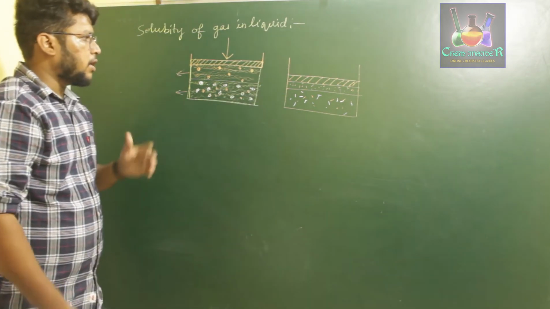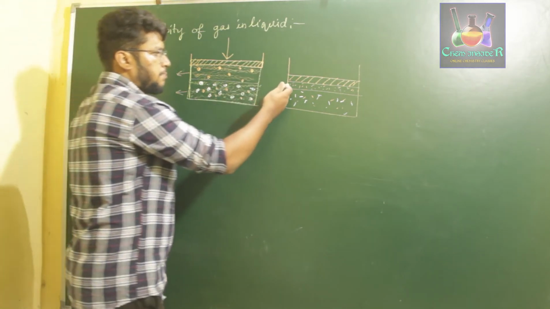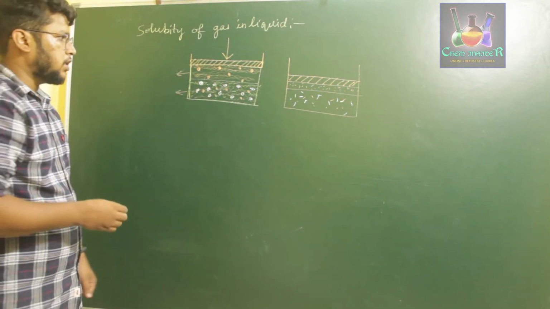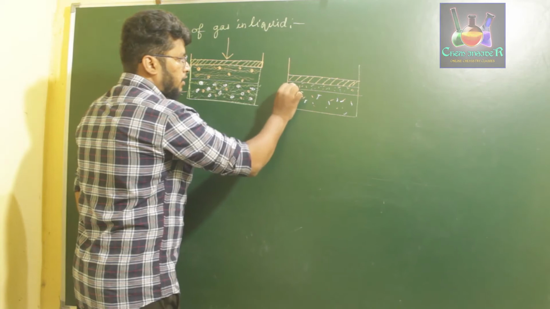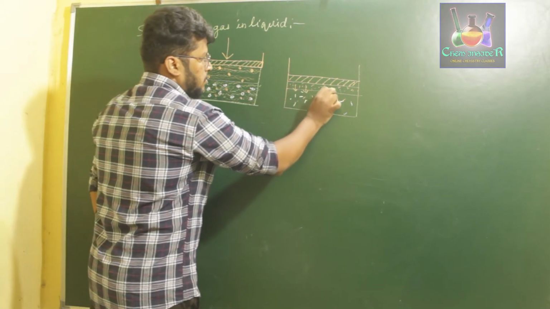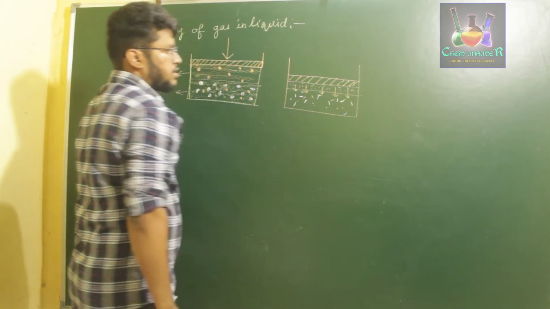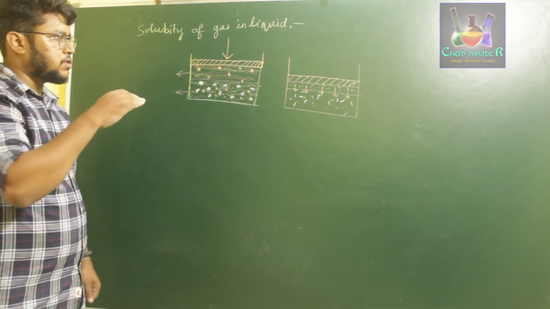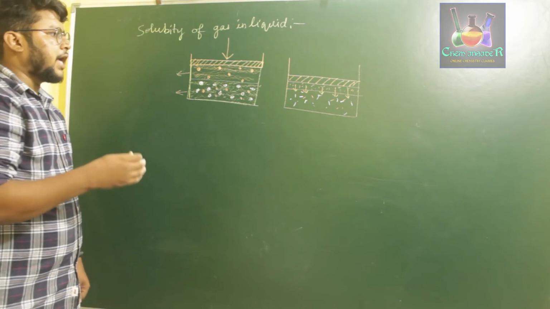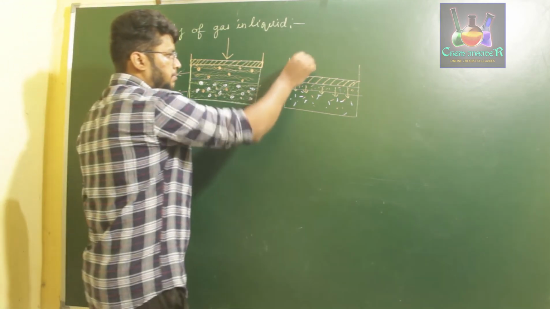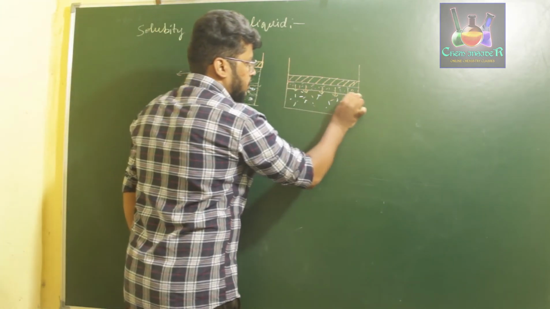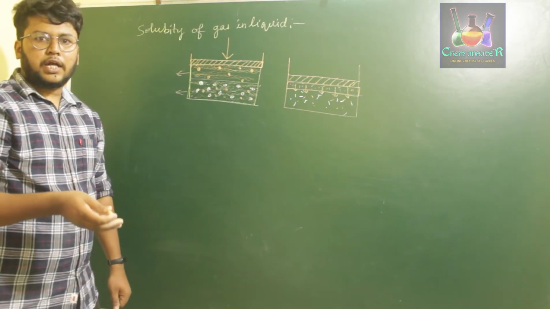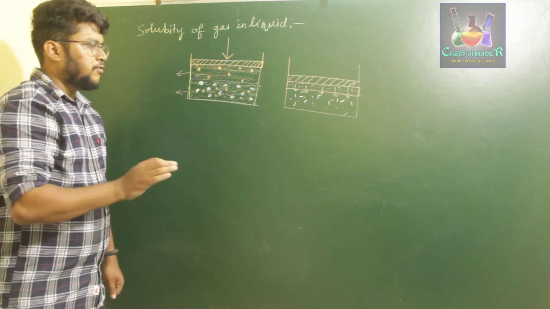So what happens is, the particles which are present at the surface of the liquid start to interact with the surface, and they start to collide with the particles present on the surface of the liquid, because once you apply pressure, these gas particles experience the pressure and have to push through the free space.